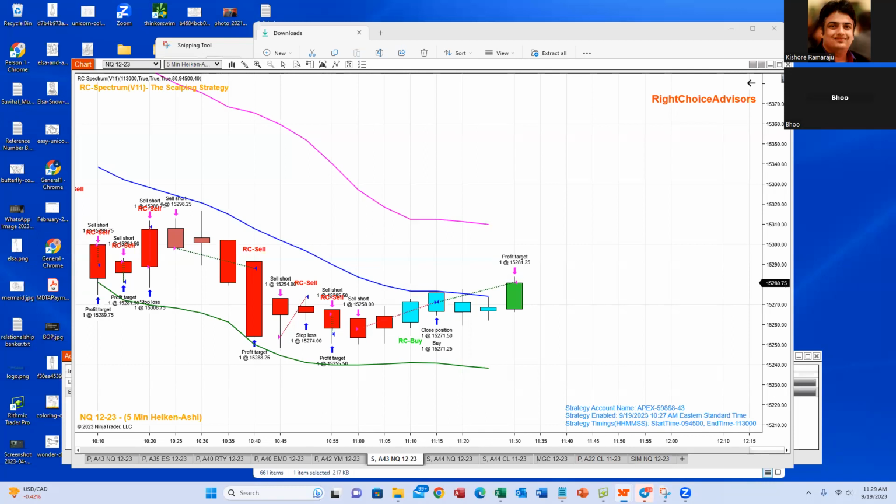So just with puts, right, with either calls or puts itself, over $500 done. Now it crossed 15280. We should see 15290 and 15300, and then again there will be a drop.